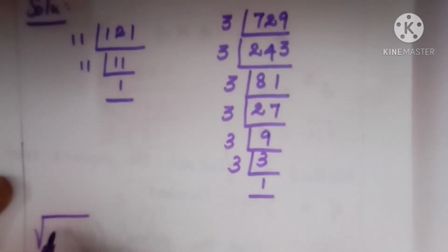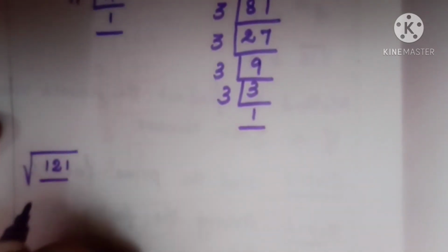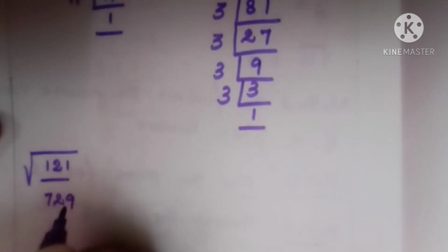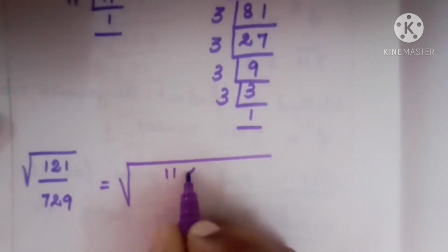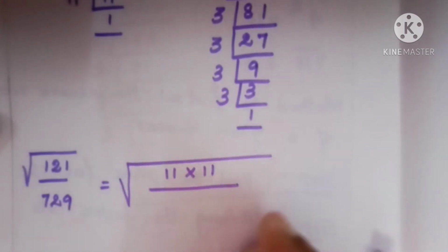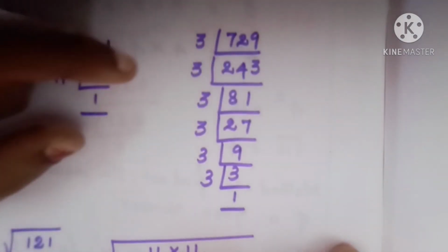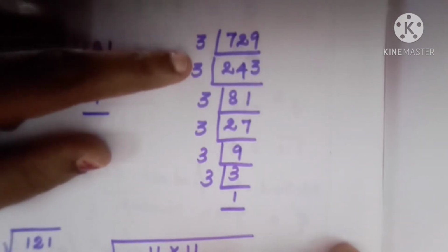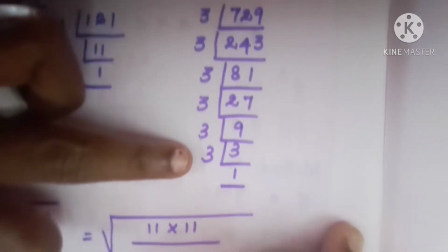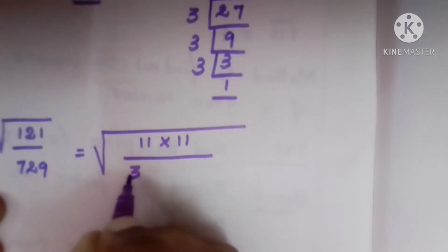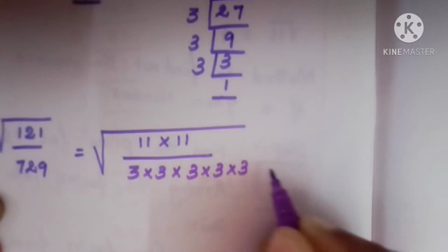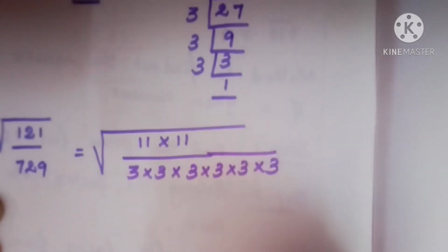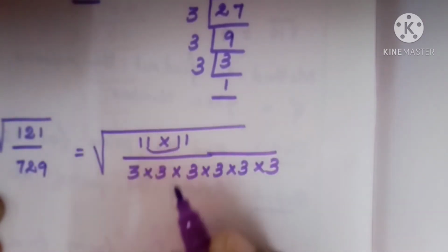So the square root of 121 divided by 729 is equal to the square root of 11 into 11 divided by, here we get how many 3s? 1, 2, 3, 4, 5, 6. Arrange them in pairs.